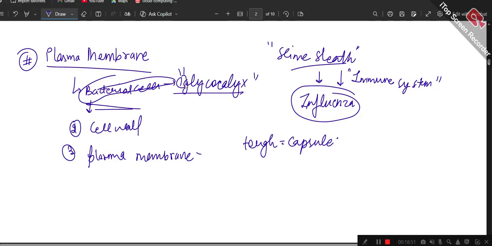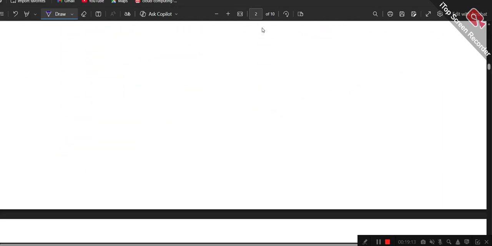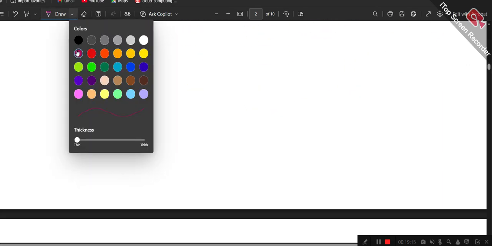The glycocalyx is made up of, you can also write it here, peptidoglycan. It is made up of peptidoglycan. Right? C-A-N, not O-N. Peptidoglycan. Actually, there is a concept I have to touch a bit.